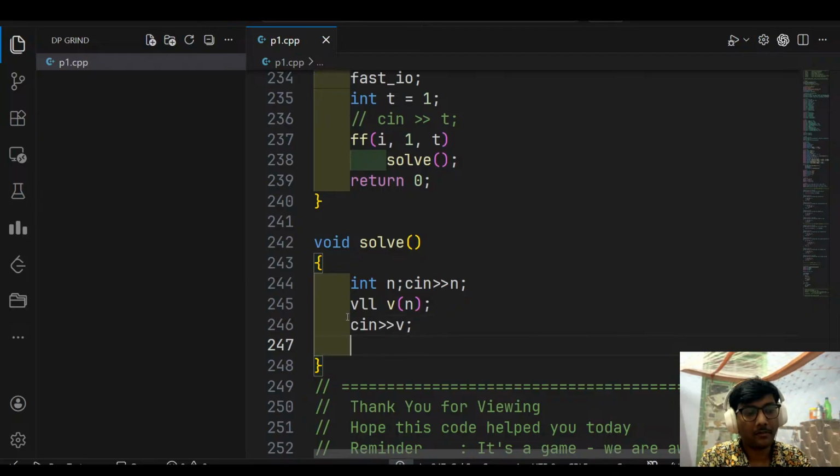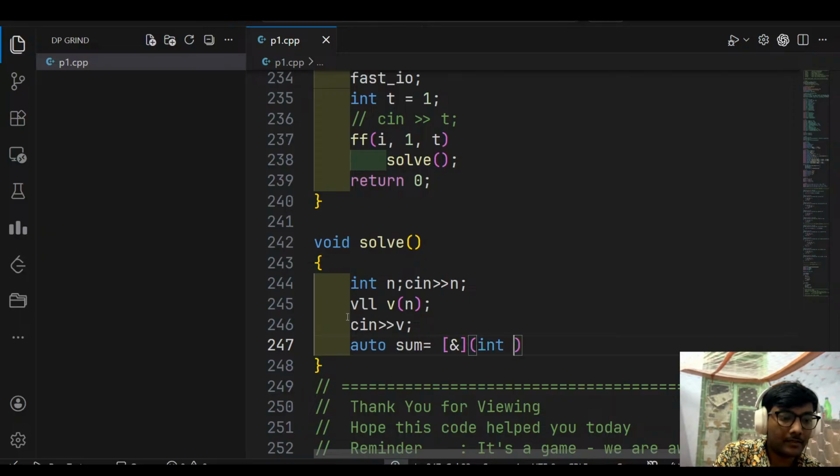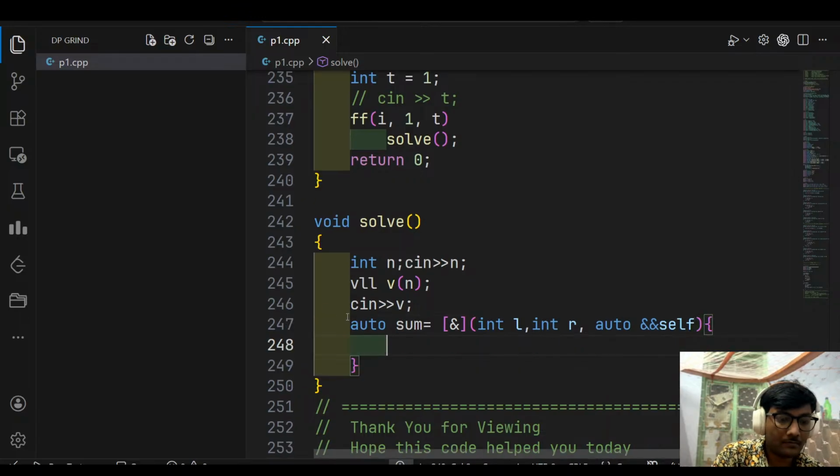And now we see that we return the sum. So we will try to define the sum function, which takes some integer L and some integer R, and also the array itself. We have to return an integer.